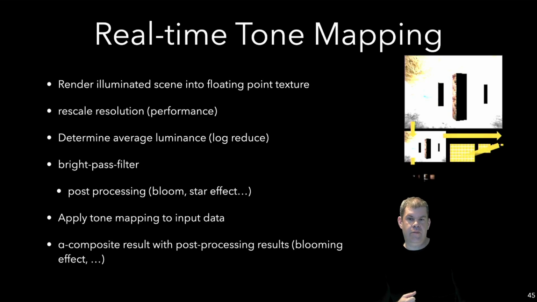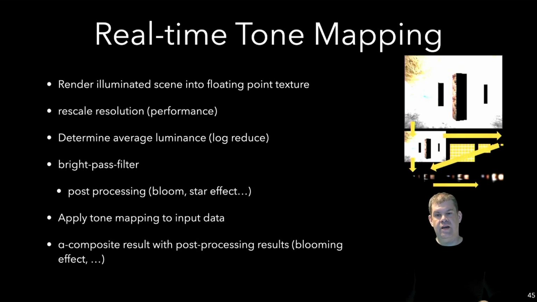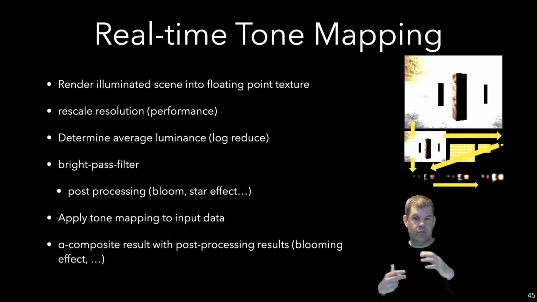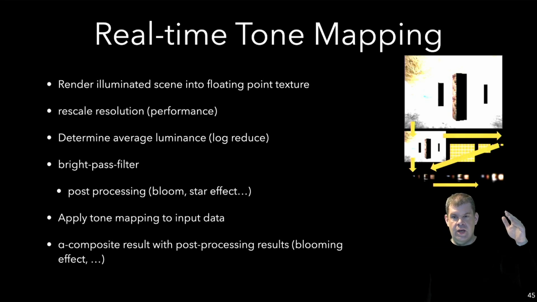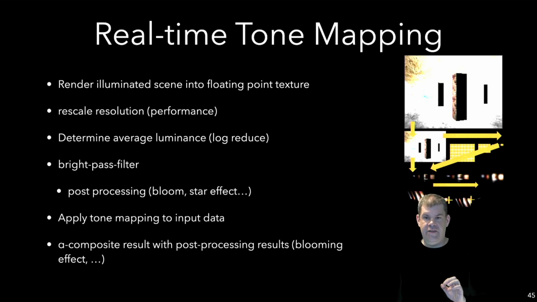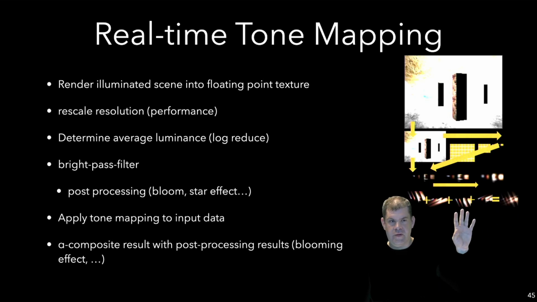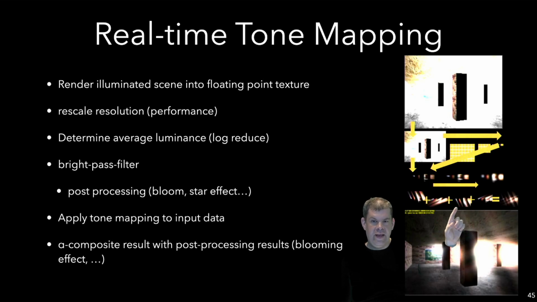So here's an example of a scene where we take the data right as it is. So everything is white, doesn't work out very well. So what we would rather like to do is take this scene and remap it, and after that add effects. Here's a little bit of a pipeline, and I'll talk about this in a second. And then we can create an image such as this one here. So we mapped everything down.